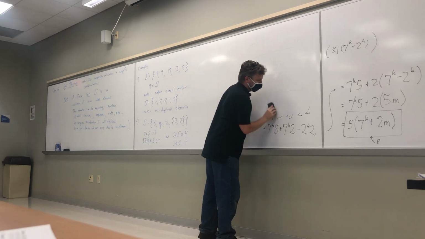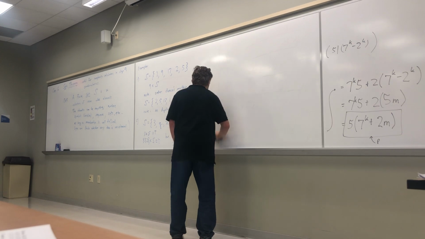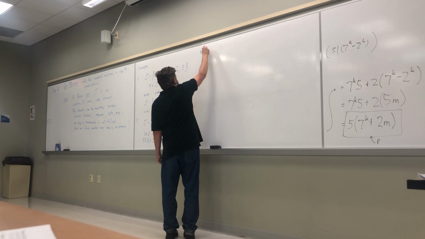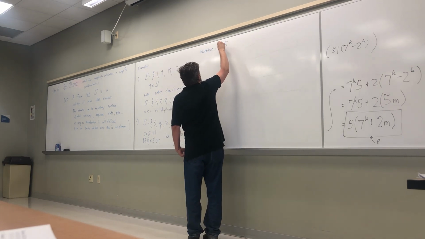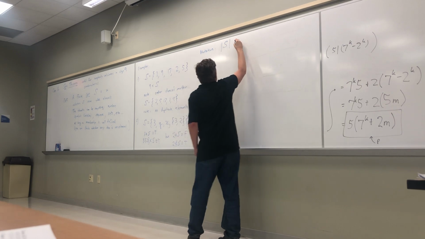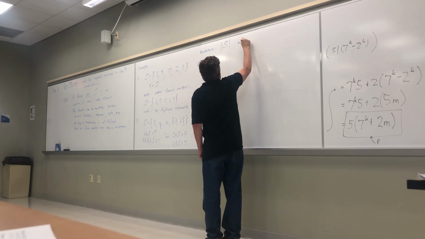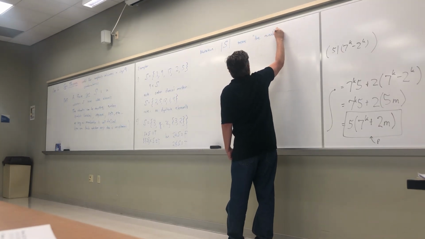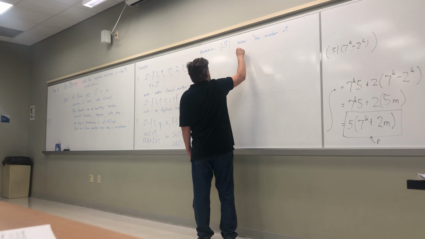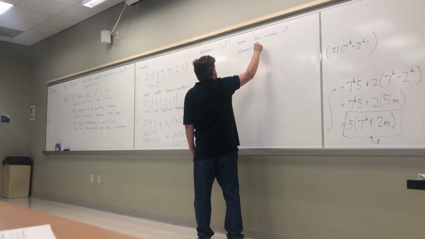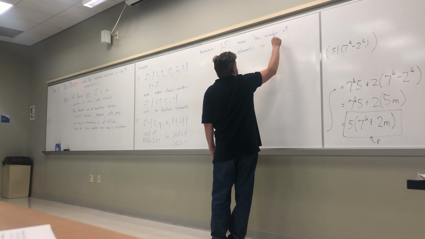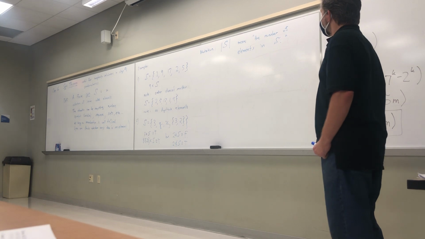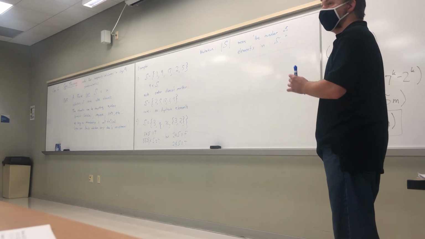You write it with absolute value bars. So the notation: absolute value of S means the number of elements in S. It looks like absolute value, but no one says absolute value.